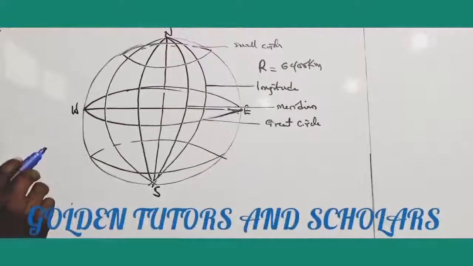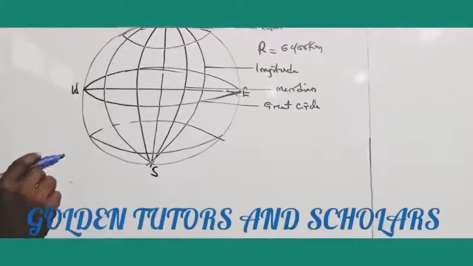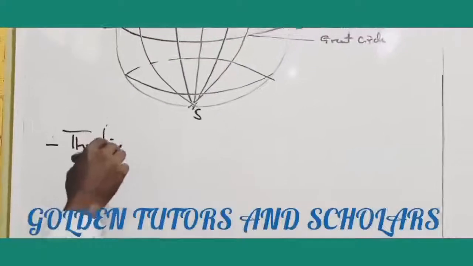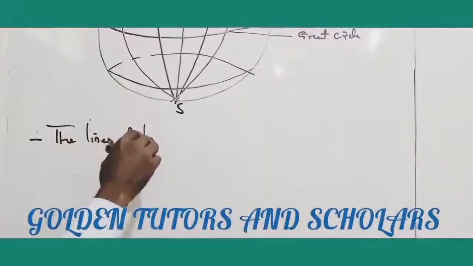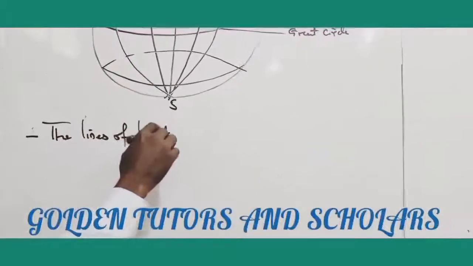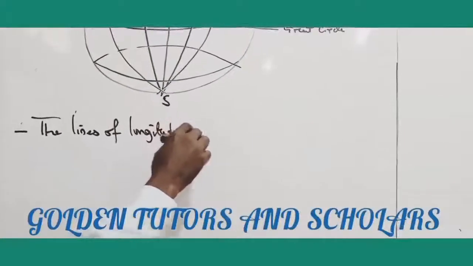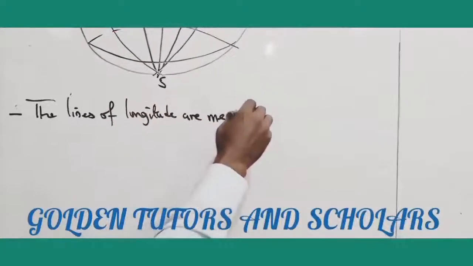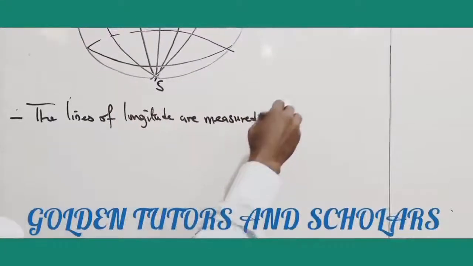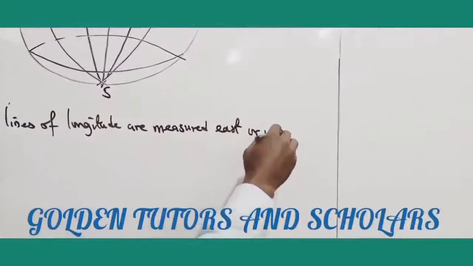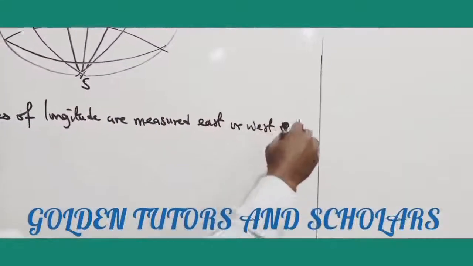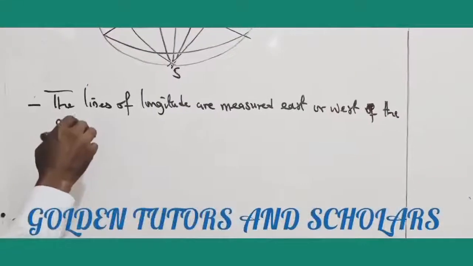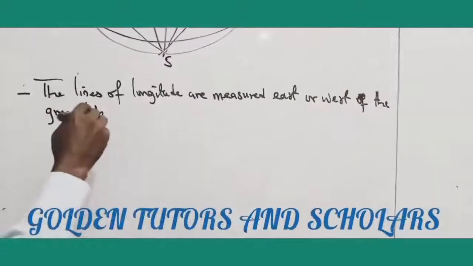First to note here is that the lines of longitude are measured east or west of the Greenwich meridian in London.